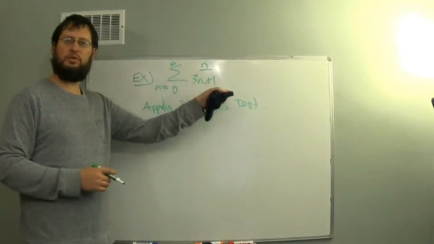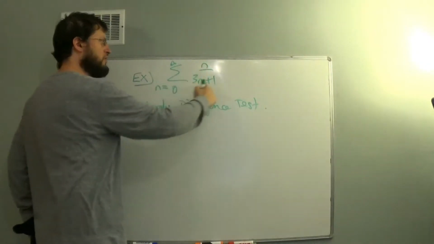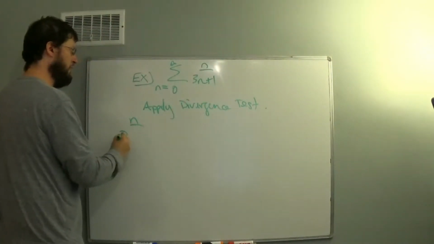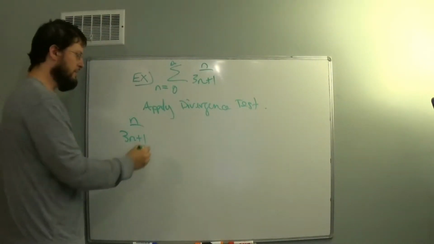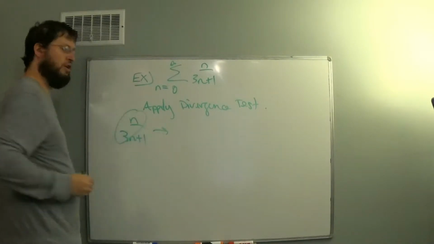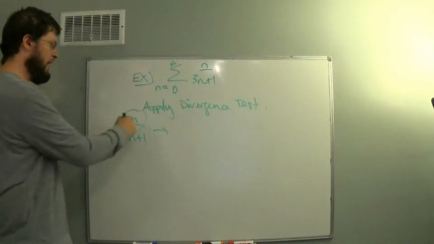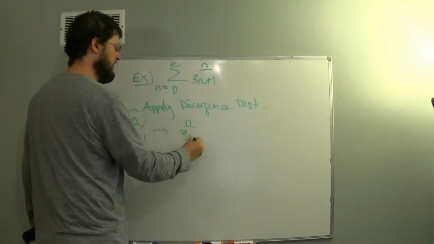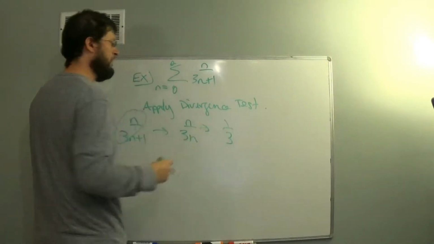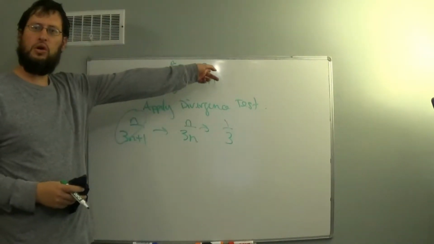The idea here with the divergence test is if I look at these terms, if I look at n over 3n plus 1, in the limit, remember that if we just look at the largest degree terms, this is n over 3n, which will go to 1 over 3. So these terms go to 1 over 3.